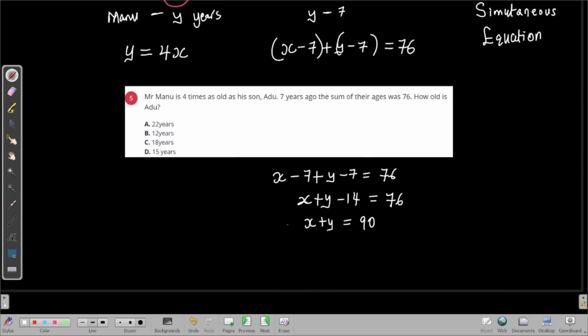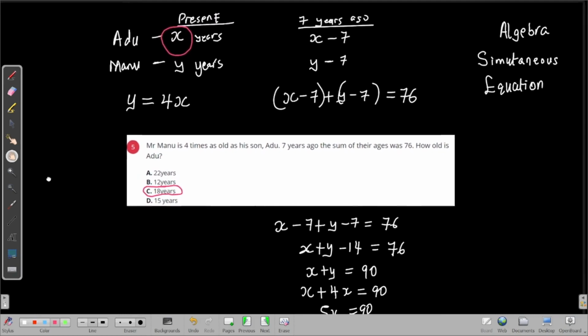So now we know that y is 4x, so just substitute that. And then x is 90 divided by 5, and that's 18. So it means that Adu is 18 years old. So this is actually an easy word problem. Very easy.